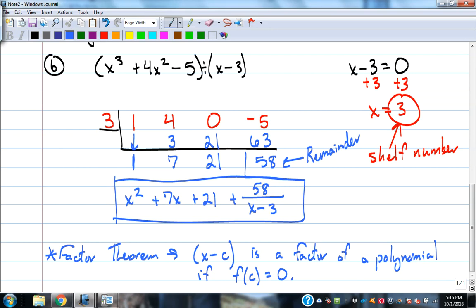All that's magical math terms for meaning if I divide by x minus c and get a remainder of 0, then x minus that number was a factor of my polynomial.